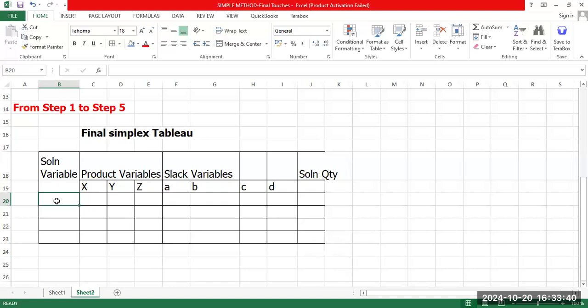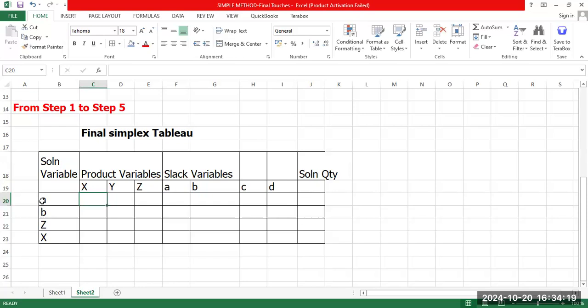Here this will be the final. Remember, I'm giving you the final simplex. So this will be A, this will be B, then this will be your Z, and then this will be your X.